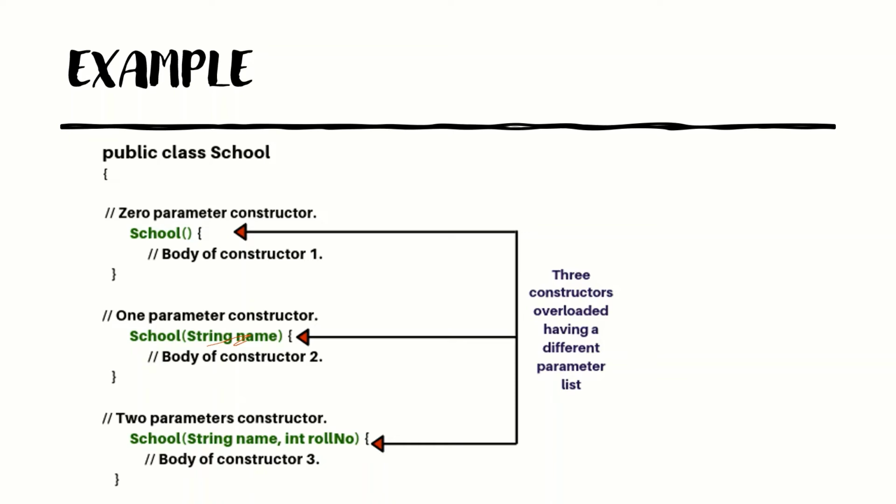This is the use of overloading, because in some cases you need to use only the School constructor, in some cases you need to mention the string, and in some cases you need the int roll number.